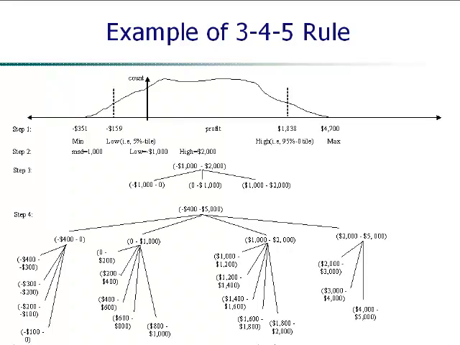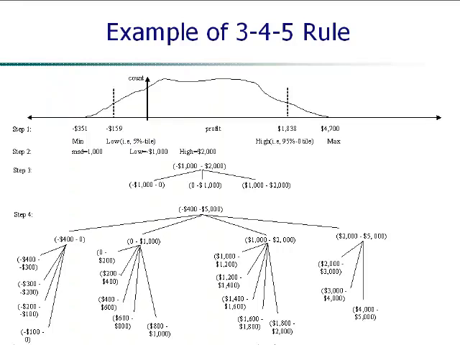By setting the low value as minus $159 and the high value as $1,838 thousand, these numbers are rounded here. Rounding the low down to the million dollar digit, we get low dash as minus $1 million, and rounding high up to the $1 million digit, we get high dash as plus $2 million.